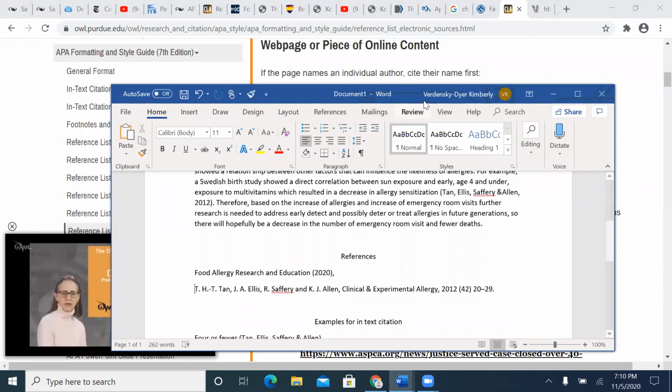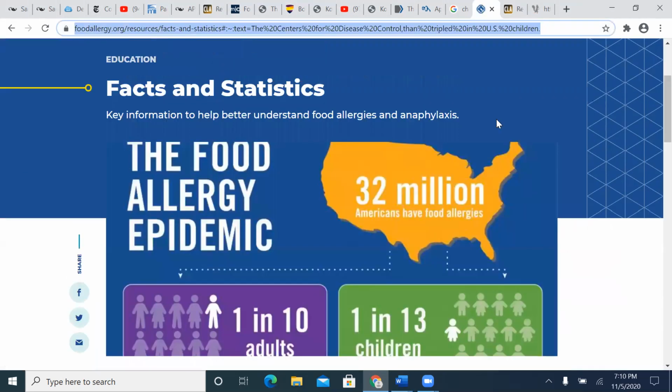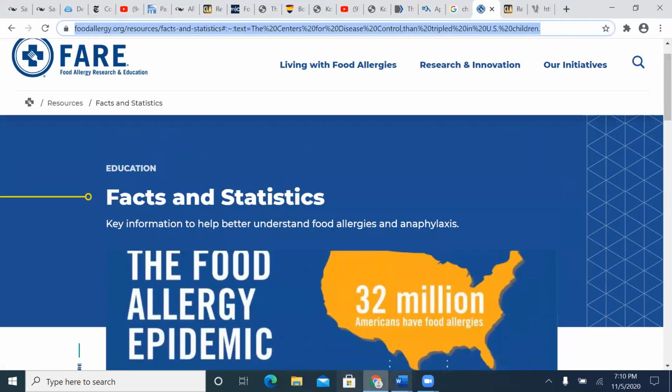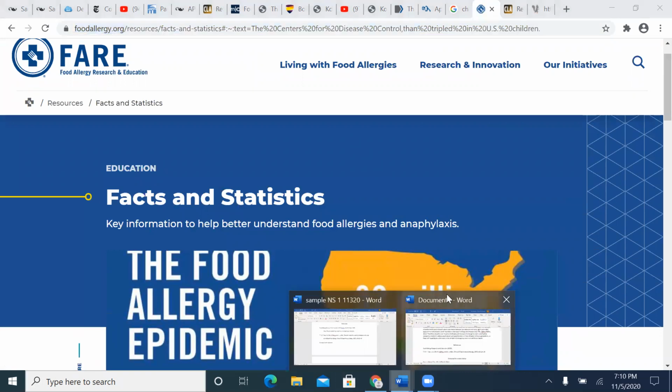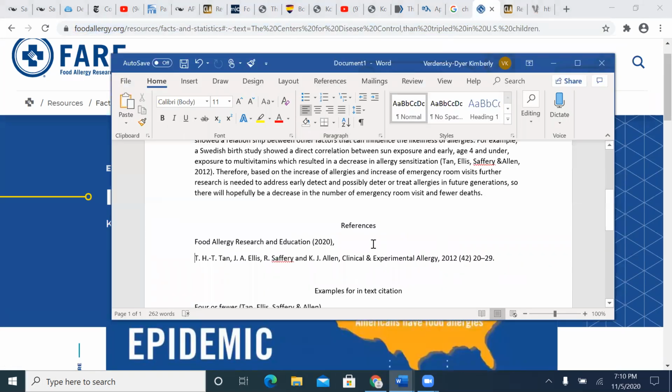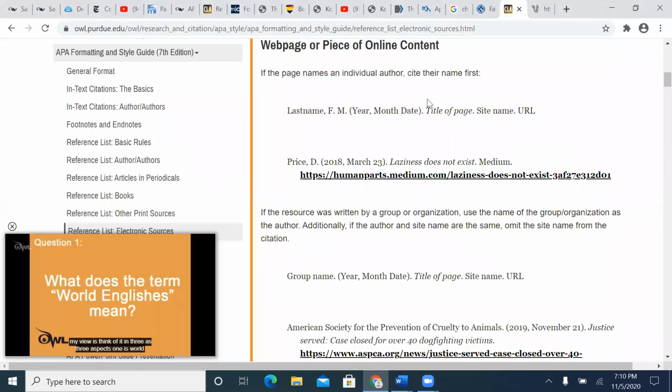And we have the organization. And now we need the title of the page. So we're going to go back to our source. So Facts and Statistics is the name of this page. So I'll go ahead and put my period here and do Facts and Statistics, period. And go back to OWL.